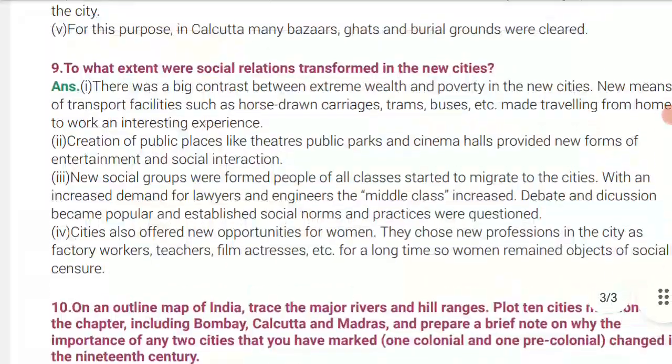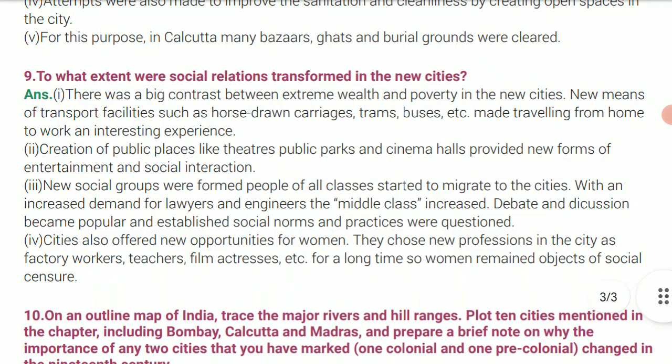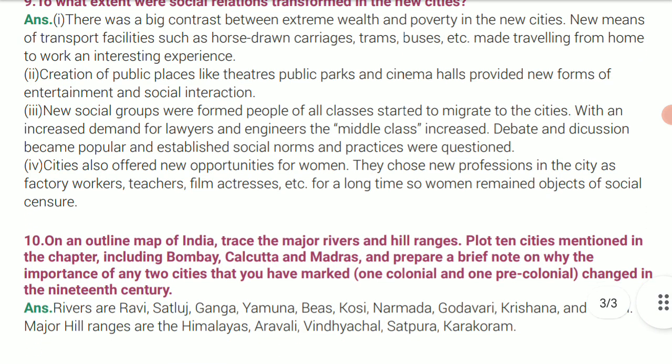New social groups were formed as people of all classes started to migrate into the cities, with the increased demand for lawyers and engineers. The middle class increased, debates and discussions became popular, and established social norms and practices were questioned. Cities also offered new opportunities for women. They chose new professions in the cities as factory workers, teachers, film actors, etc. For a long time, women remained objects of society's censure.